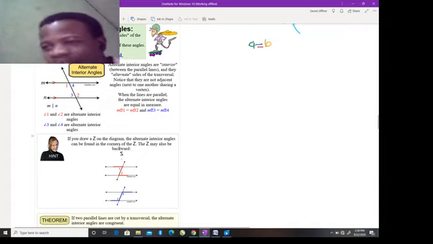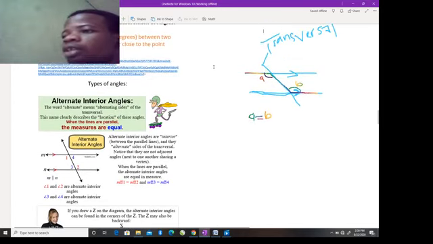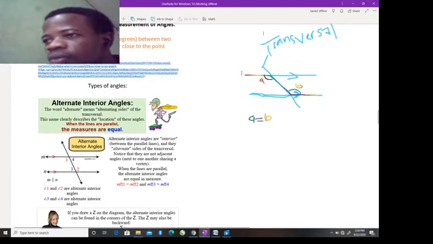If you draw a Z on the diagram, the alternate interior angles can be found in the corners of the Z. Where are the corners? Let me use my example here. This is a Z. Can you see the Z?